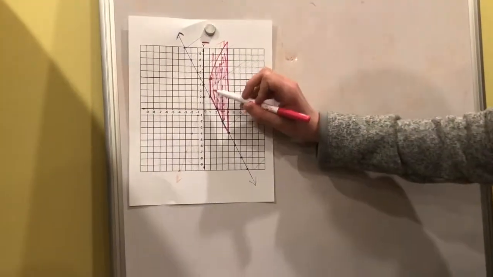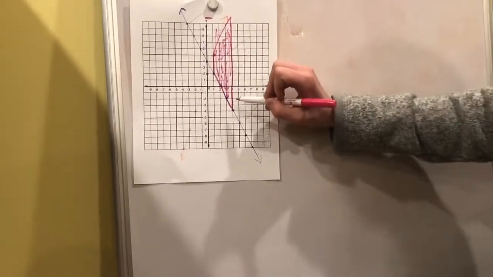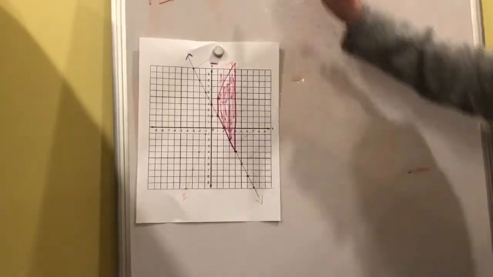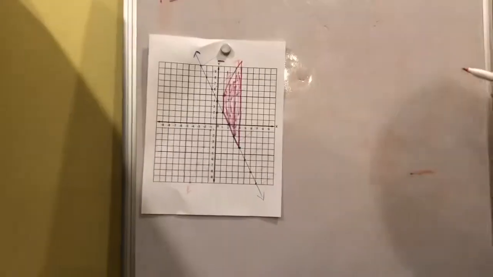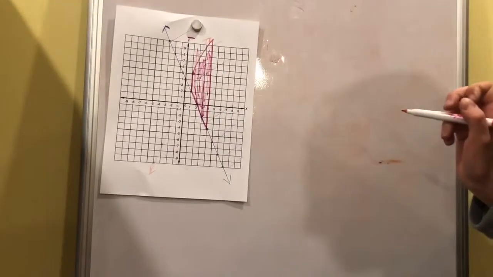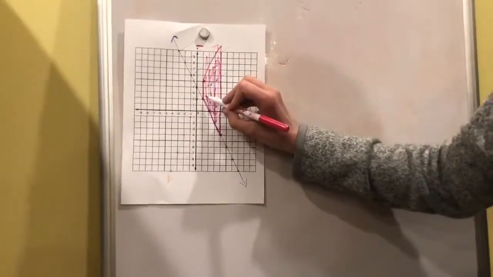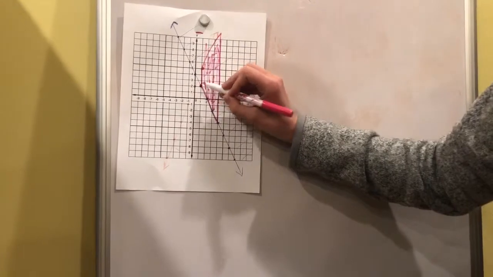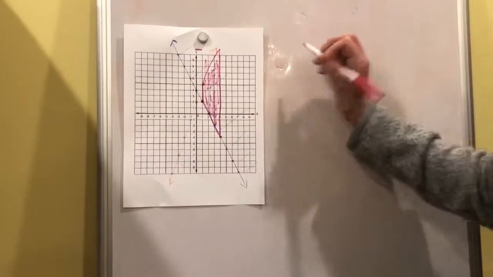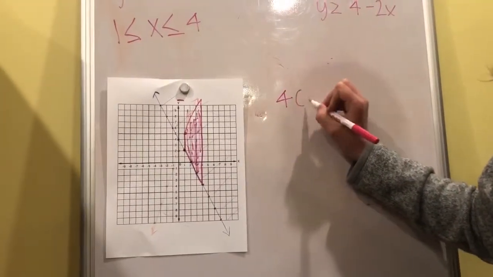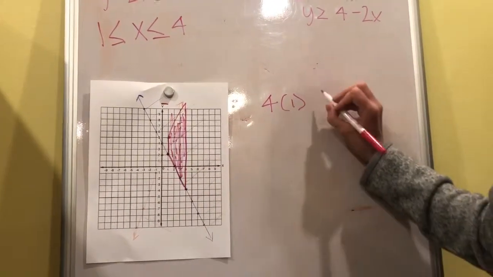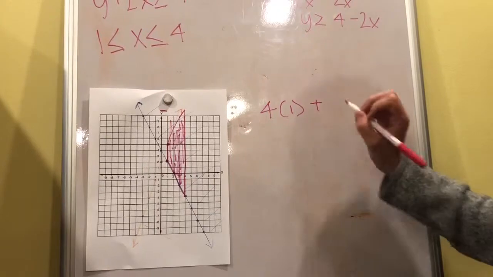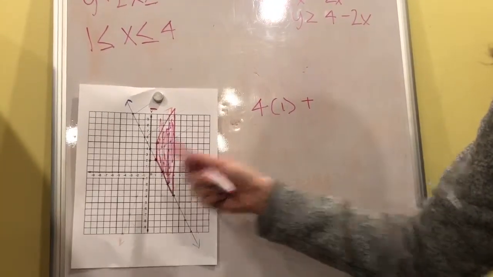Then, using the corners of the limit here, you plug those values into this equation, 4x plus y, in order to find the minimum and the maximum. First, since this point, you plug in 1 for x, so it would be 4 times 1, and then you do plus y equals 2.